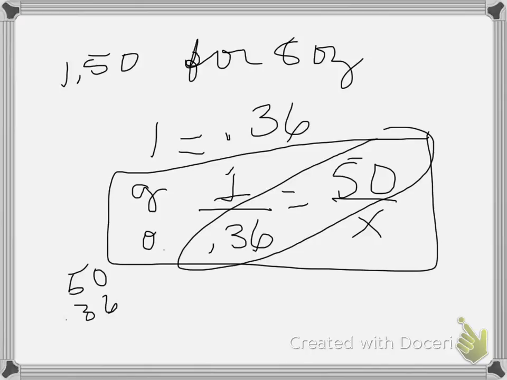Don't forget about the decimal. I got 1800, so that's 18. That tells me it's 18 ounces for snack pack B. If you're looking at your worksheet and you see snack pack B, it's 18 ounces.